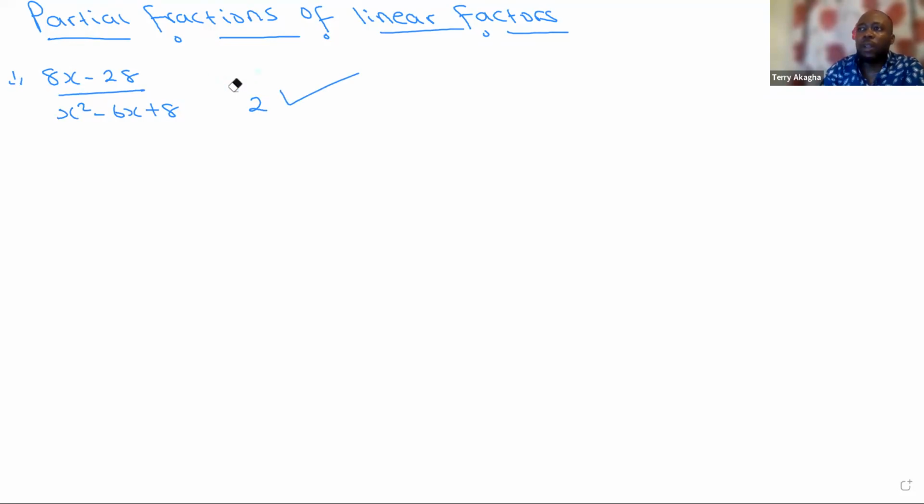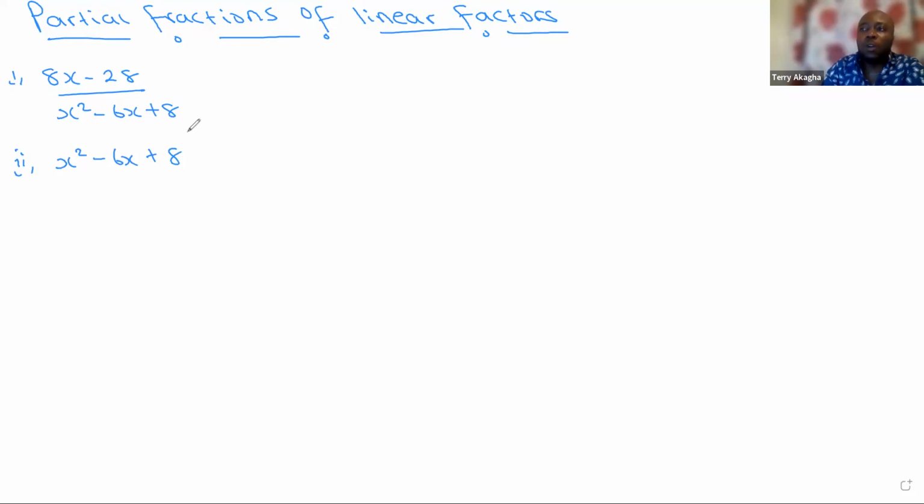Now, in step 2, we are told to factorize the denominator into prime factors, right? So the step 2 is that we're factorizing x squared minus 6x plus 8. And I believe you should watch my video on quadratic equation. Here we'll have to use the ACB method.